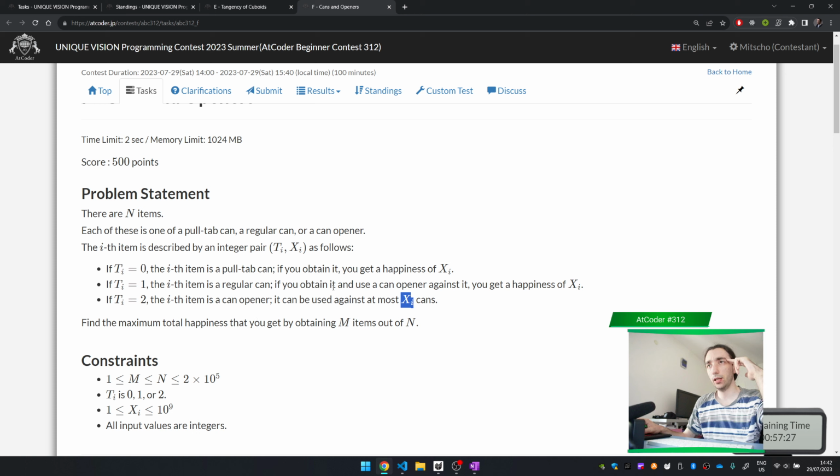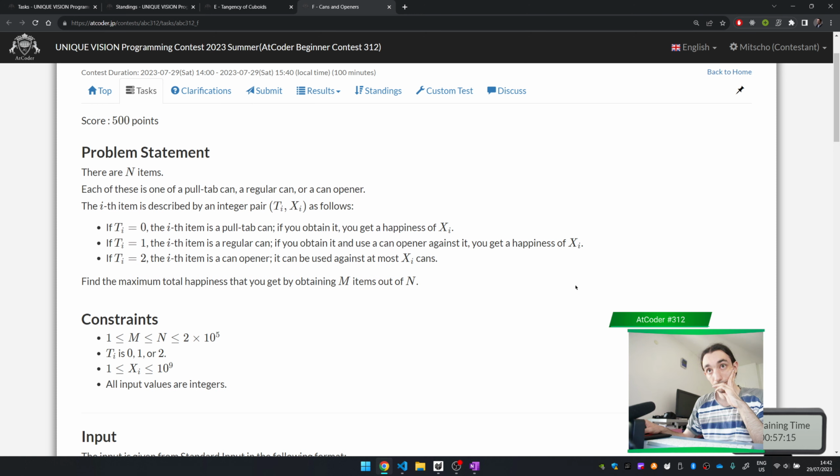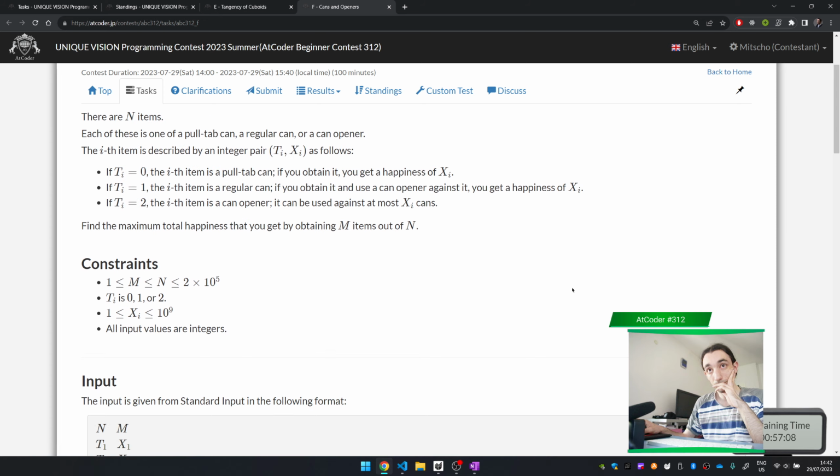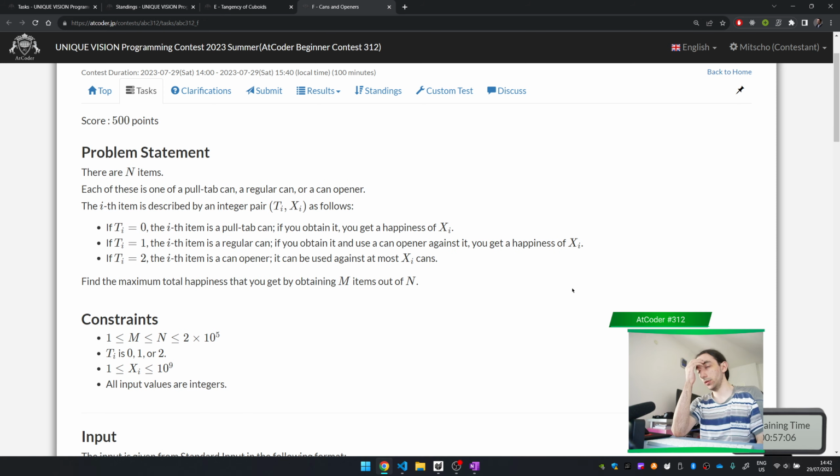If the regular can, if you obtain and use it, you get... Okay, so there's something greedy probably here.